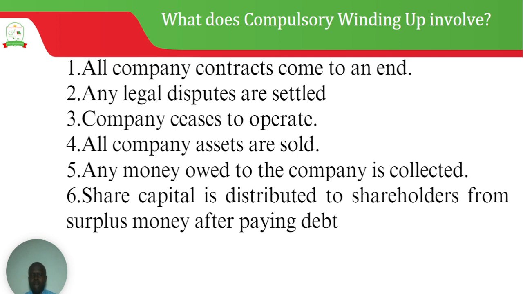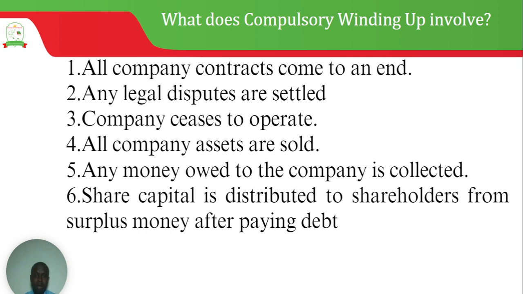So when a court has given an order to wind up, company contracts include, number one, staff contracts. It will also include contracts with suppliers and any other forms of contracts that have been in place. All of them come to an end.